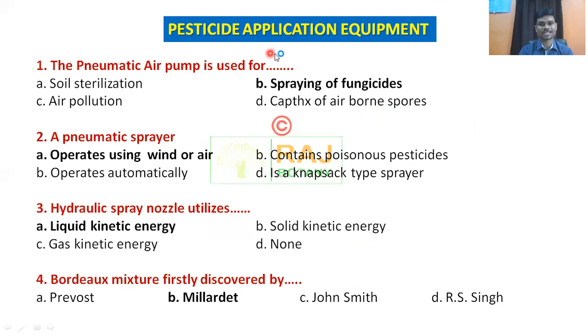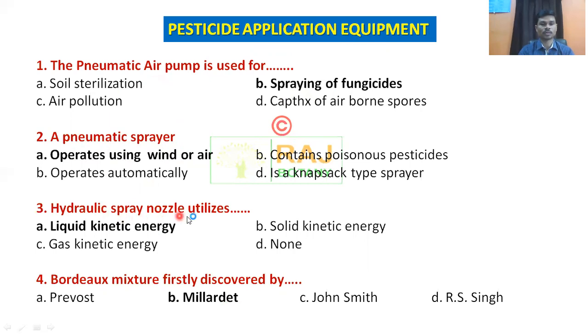Next one, pesticide application equipment. Very important point. The pneumatic air pump is used for spraying of fungicides. The pneumatic sprayer operates using the wind or air. Very important MCQ.